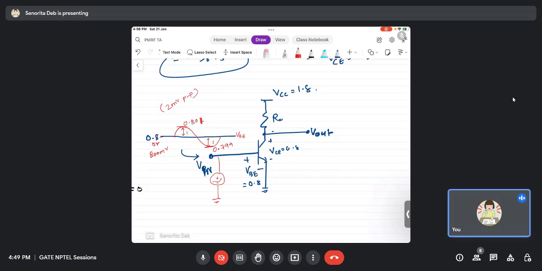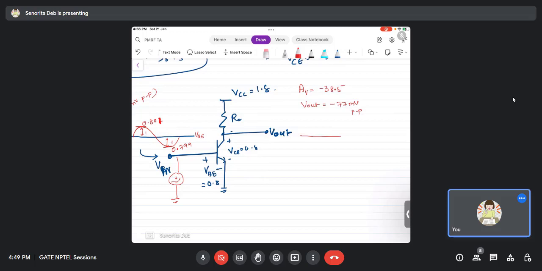Now how will the output look? Your AV is now minus 38.5, right? So 38.5 into 2 is 77, so minus 77 millivolt peak to peak is your output. And what is the DC? DC is VCE, right?